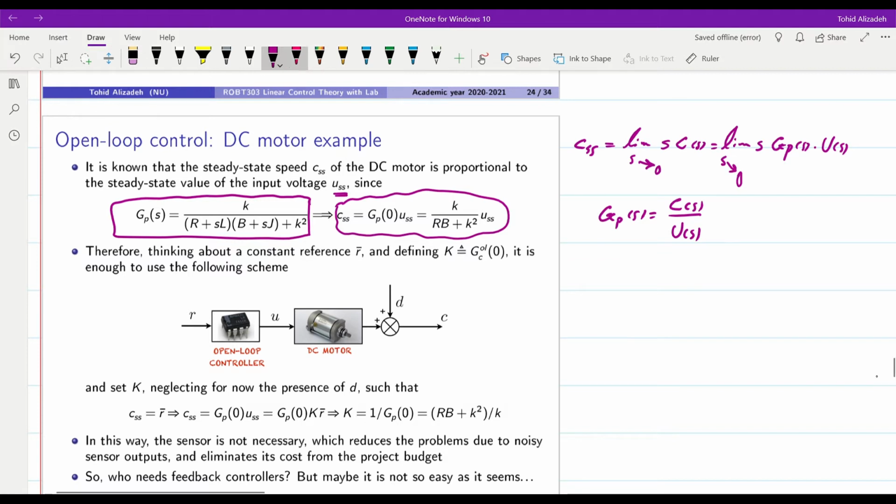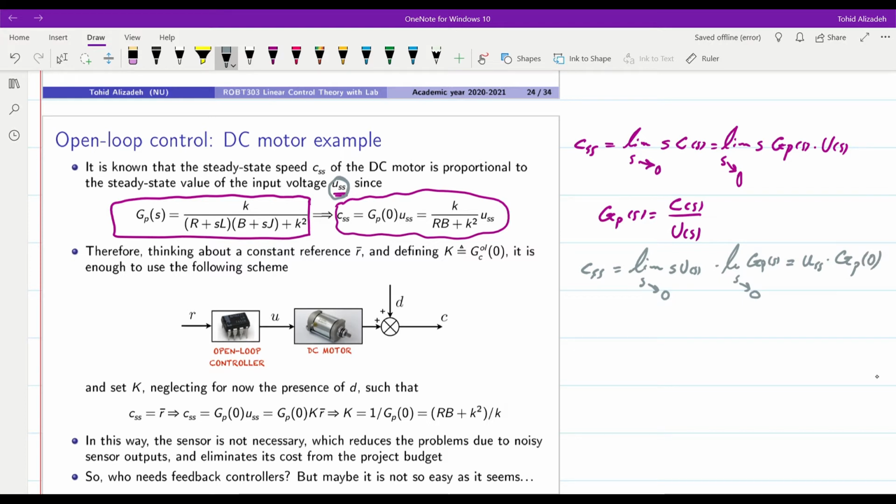And here we also have assumed that the steady-state value for U is USS, as you can see here, U of S, and therefore CSS will be equal to, you can write it in this form, the limit of S times U of S as S goes towards 0, times the limit of GP of S as S goes towards 0, and therefore we will get USS times GP evaluated at 0.